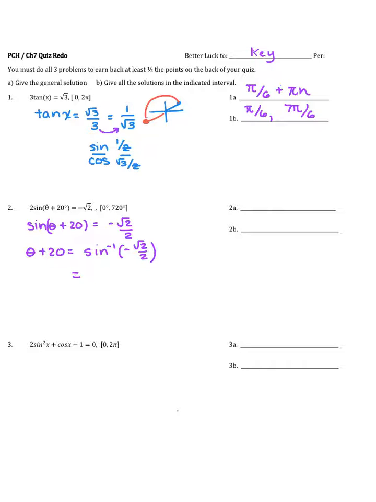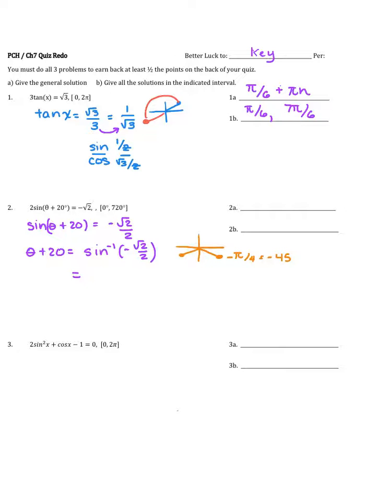So since it is negative, the principal value is going to come from the fourth quadrant. Sorry about that, this one actually is in degrees, so we get to just say negative 45 degrees. Where else is sine negative?